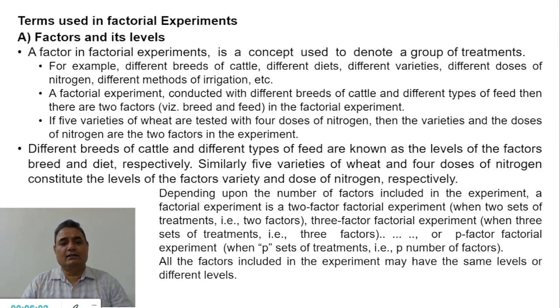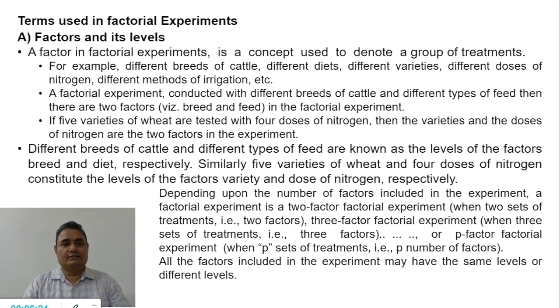Different breeds of cattle are the subsequent levels of that group. There are a lot of examples listed here. In the first case, different breeds of cattle, different diets, different varieties, different doses of nitrogen, different methods of irrigation.